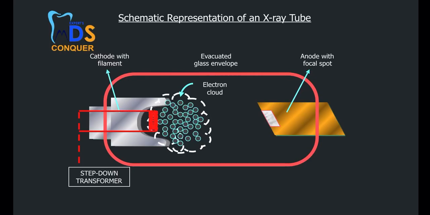You have to increase the current supply to the filament. As voltage is inversely proportional to current at constant power, for that you have to decrease the voltage, because both are inversely proportional. So you have to decrease the voltage in order to increase the current supply to the filament.